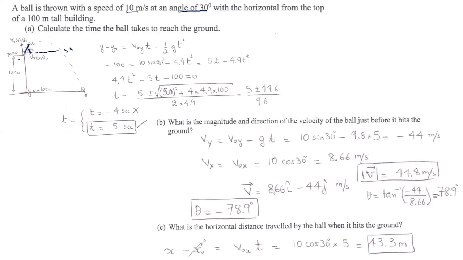Okay. So of course, this is 100. So this y final here is just minus 100, because I took here as my 0, right? So it's 100 below. To get the time, you will just use this equation. Now, minus 100 will be equal to V naught Y. So what is V naught Y?